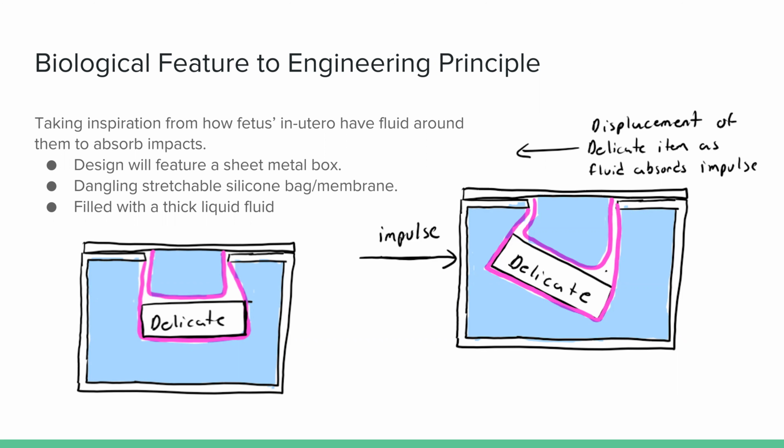The stretchable silicone bag hugs any item that is inserted into it and also ensures that it is kept centered inside the box so that it is always protected from multiple impacts. Thick gel inside the container is what will be doing the absorption of any impacts and vibrations. The lid of the box will also have a silicone bag attached to it to cover the whole of the box and protect the top of the item.